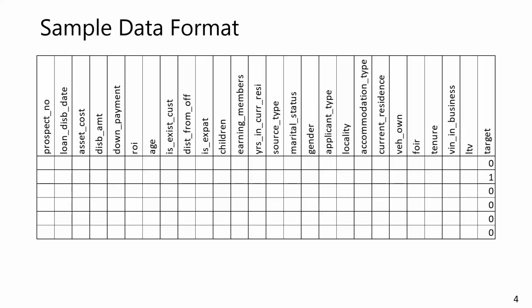We always speak in terms of the event of our interest, and the event of interest in our scenario is default. What is the probability that this customer, if I give a loan, is likely to default? So whenever I use the term probability in a credit risk scorecard, it means default probability.